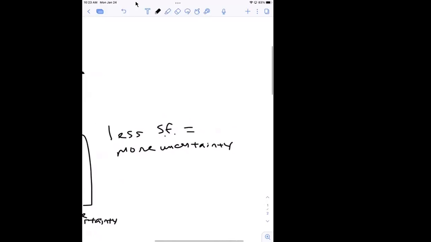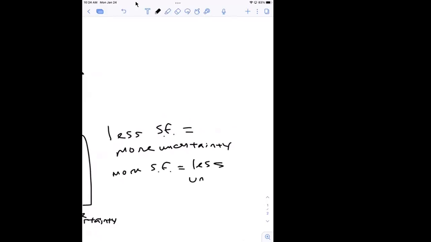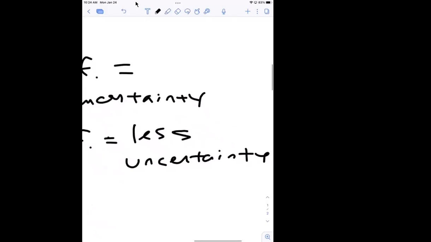When you start rounding, you start making that number more and more uncertain instead of more precise. So more sig-figs equals less uncertainty. That number is more accurate and is more precise.